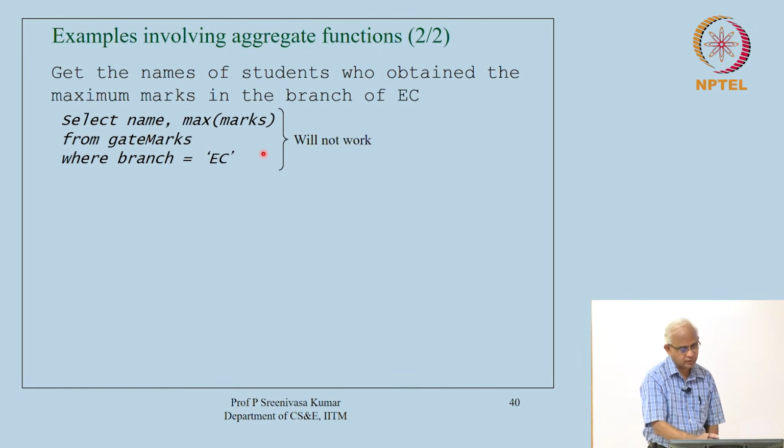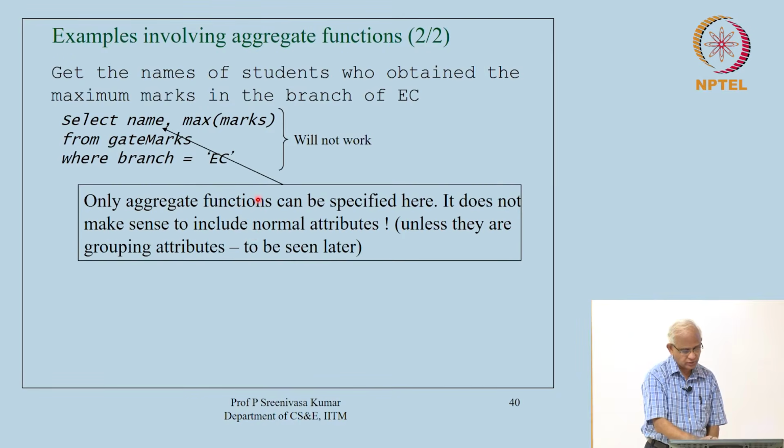What do you think would be the correct way of expressing this? Get the names of students who obtained the maximum marks in branch of EC. You probably have to first get the maximum marks and then figure out who are those students who got that mark. I already mentioned that aggregate functions only can be specified here.